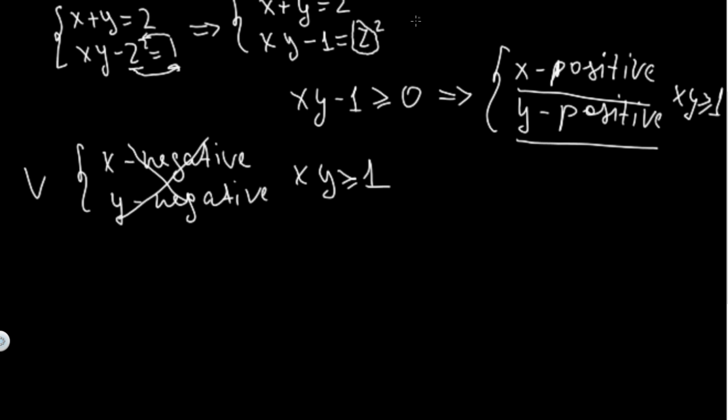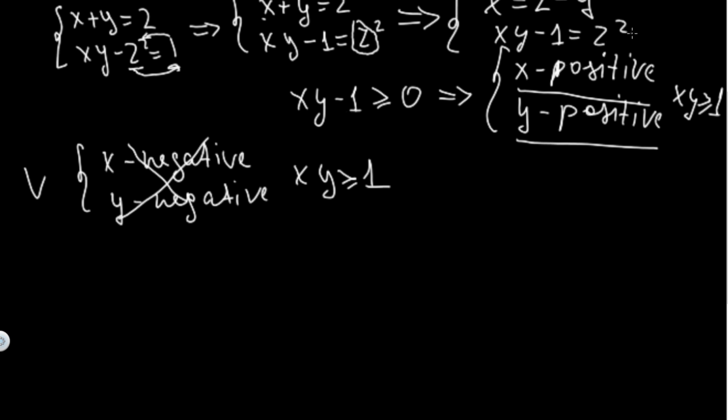Next, what can we do here? We can express x through y or y through x. It doesn't matter. I move y to the right, plus y goes into minus y, so x equals 2 minus y, and here xy minus 1 equals z squared.